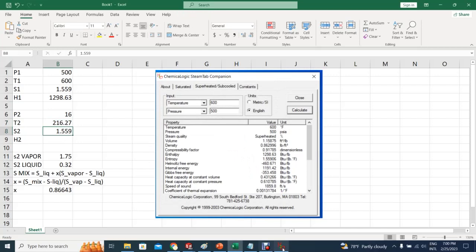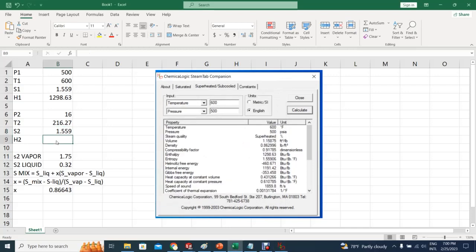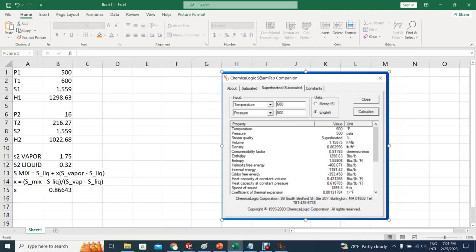And the enthalpy, going back here, the enthalpy will be 1022.68. We got that. Now we have completed our mission, that is to calculate all the conditions from 1 and 2. And now the next step is very simple.